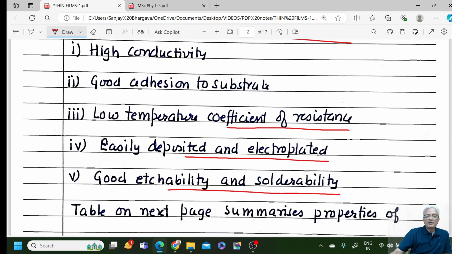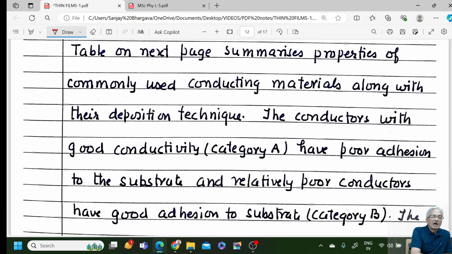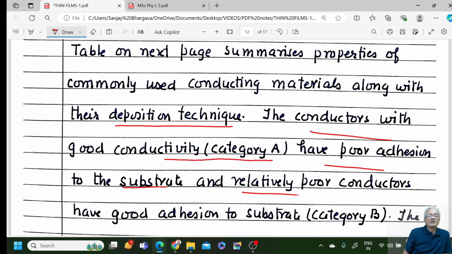So the table on the next page summarizes the properties of commonly used conducting materials along with their deposition technique. The conductors with good conductivity, that is category A, have poor adhesion to the substrate, and relatively poor conductors have good adhesion to the substrate, category B.